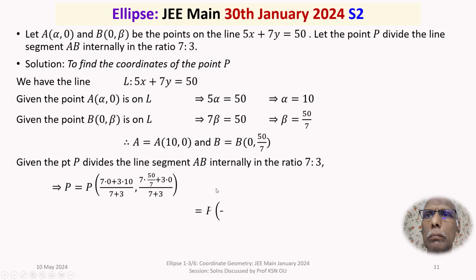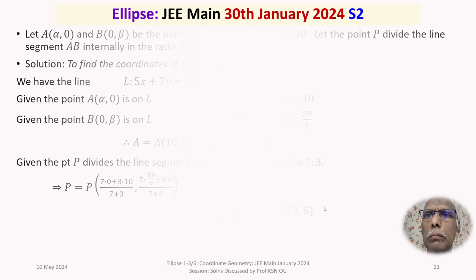So, that is equal to P with (30 by 10, 50 by 10). That is, the coordinates of P are (3, 5). That's our first part. So, keep that in mind and let's move to the next slide.